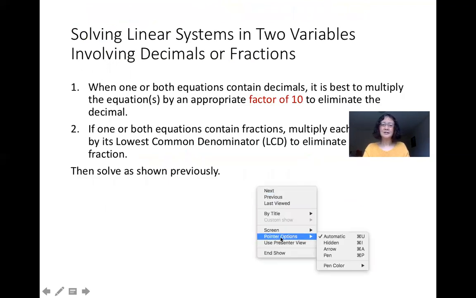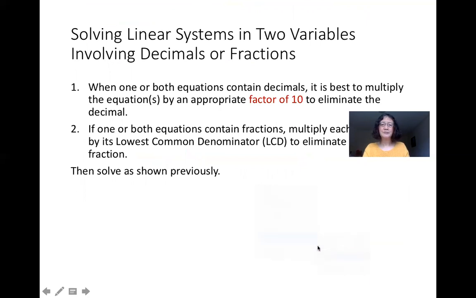So far, the systems of equations we talked about have integers as coefficients. But sometimes the coefficients are decimals. In that situation, you need to use an appropriate factor to eliminate the decimals.